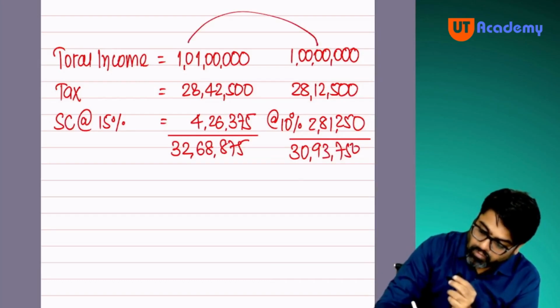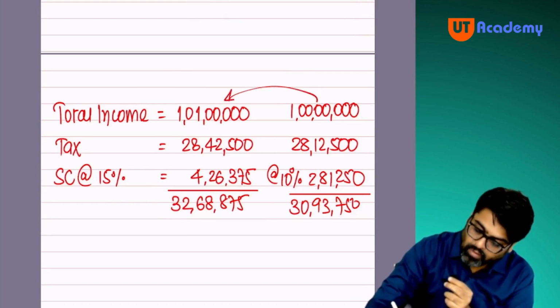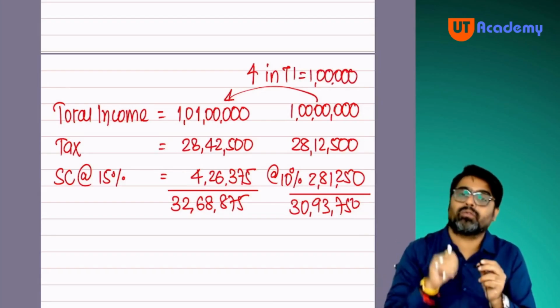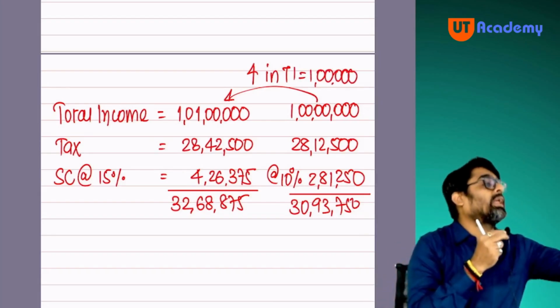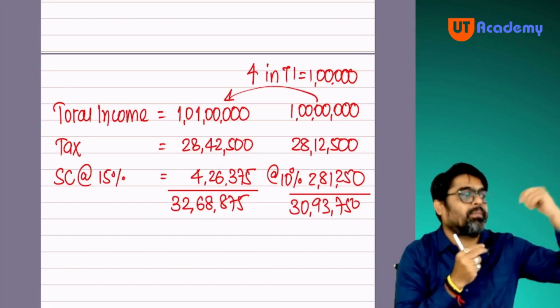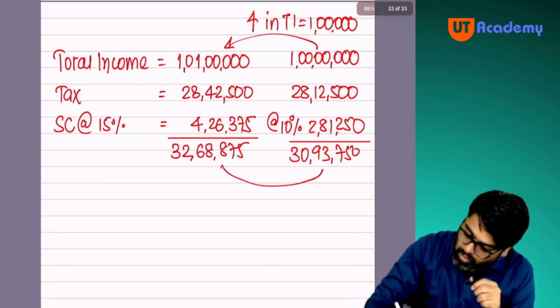From 1 crore, my total income is increasing by only 1 lakh. And as a result of that, my surcharge rate is getting increased from 10% to 15%. Getting my point? And due to that, I am paying more tax.